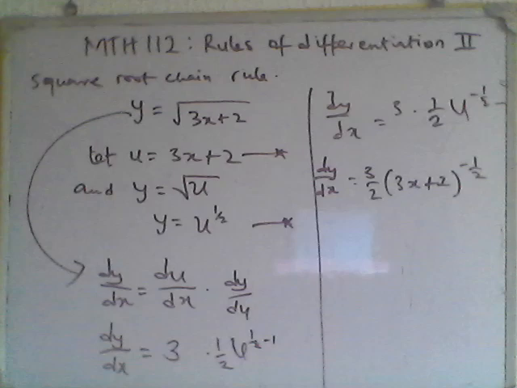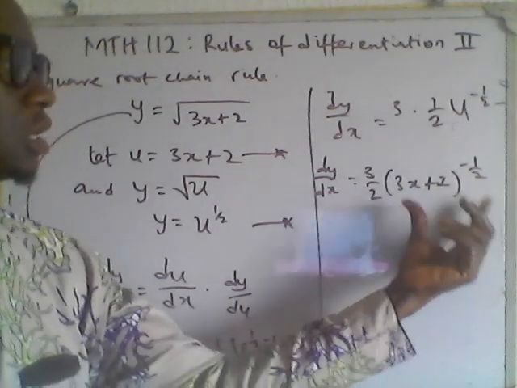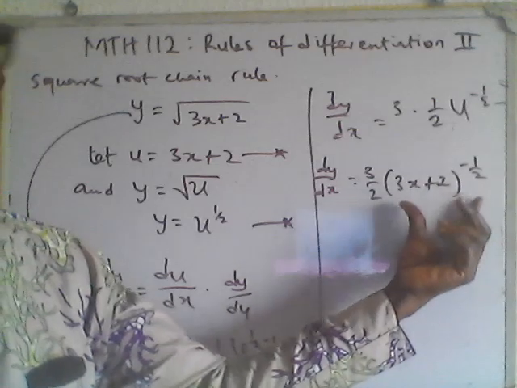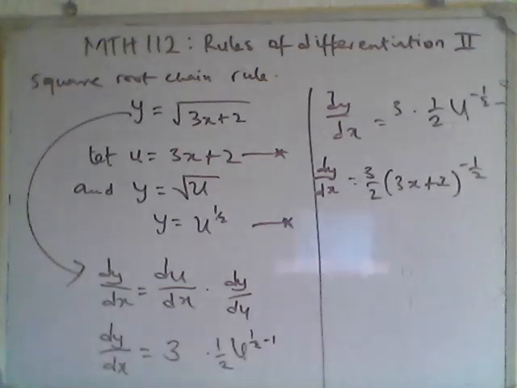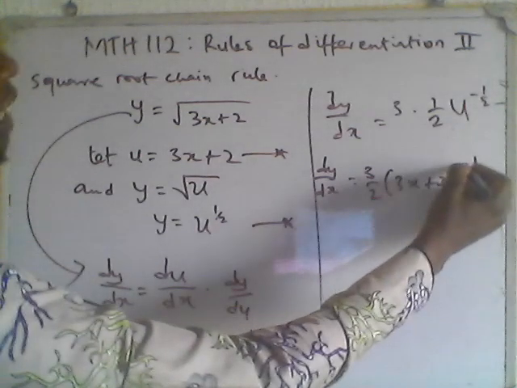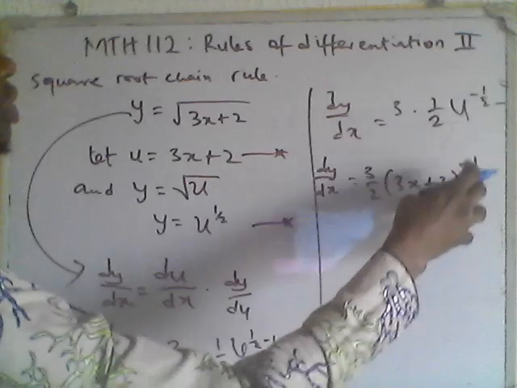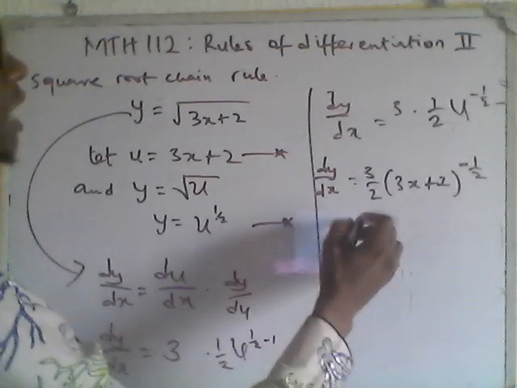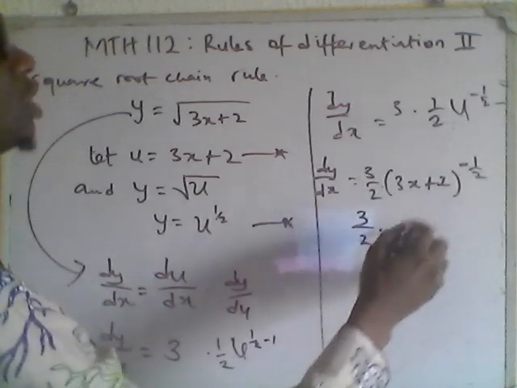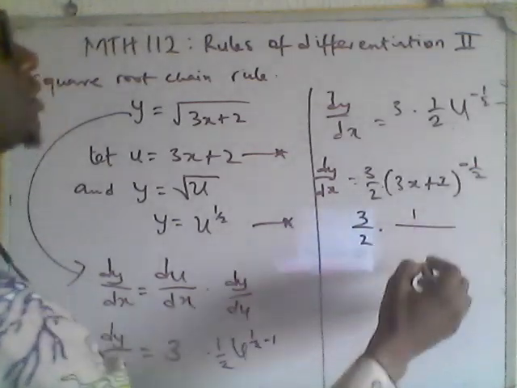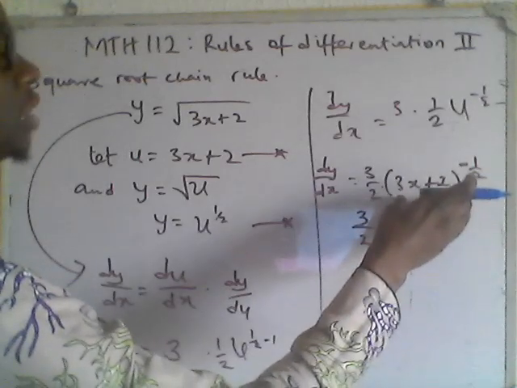Now, you know, in our rule of indices, we can resolve this by the minus sign here at the power means that I can bring the whole of this expression under. Okay, so I have 3 over 2 times 1 all over, because of this minus sign here, the whole of this expression will go down.